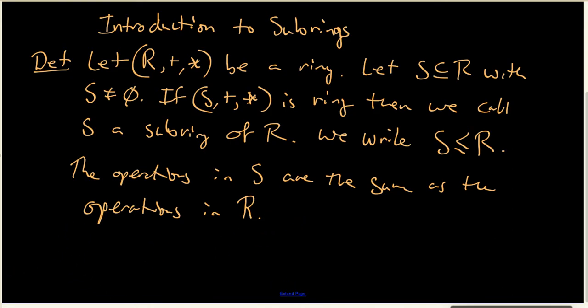Well, let's look at an example, and then we're going to look at a couple of properties. But it's important to look at examples. So let's look at a very basic example. If I take the set 2Z, that's just the set of even integers.